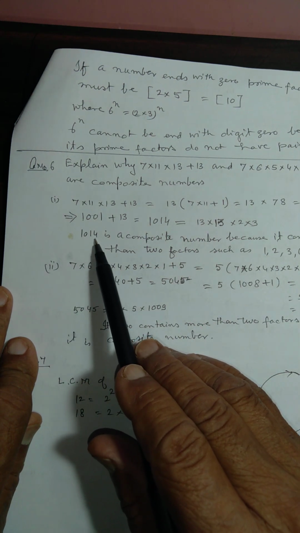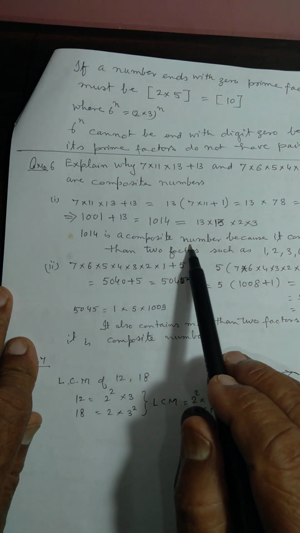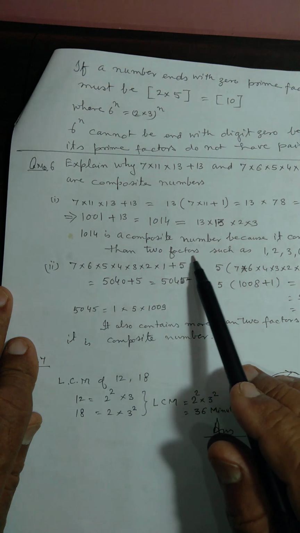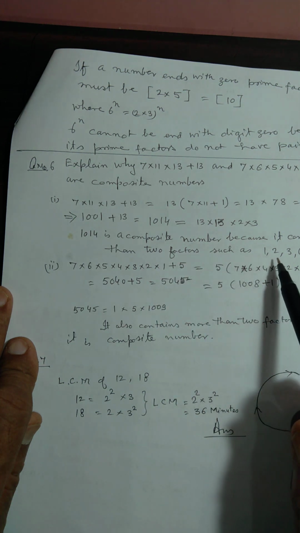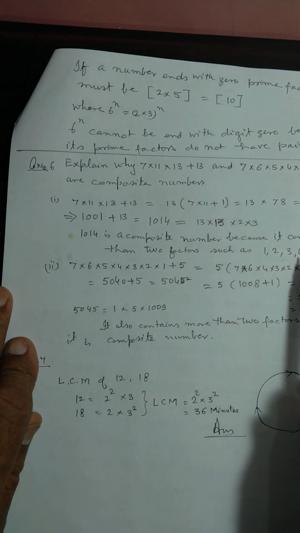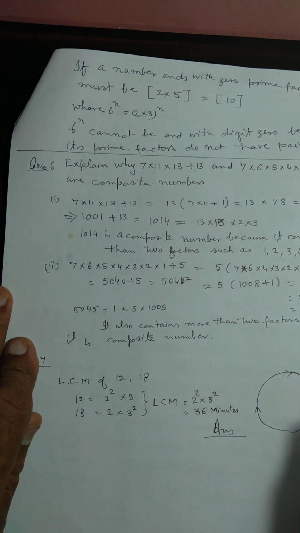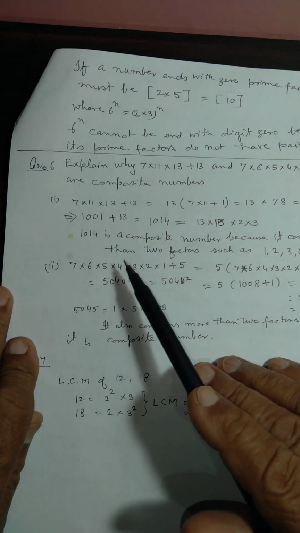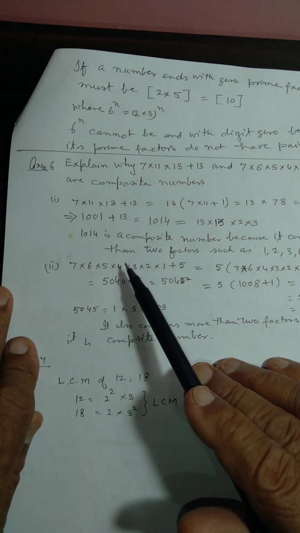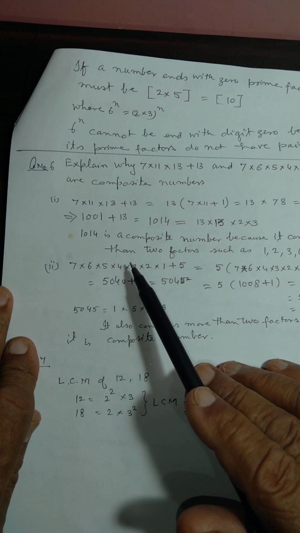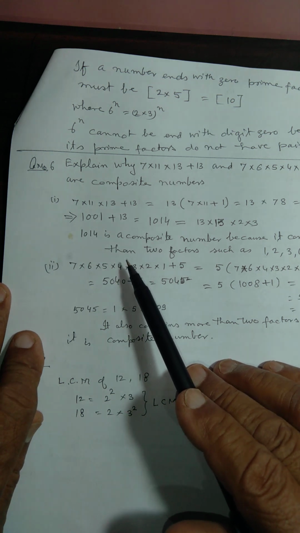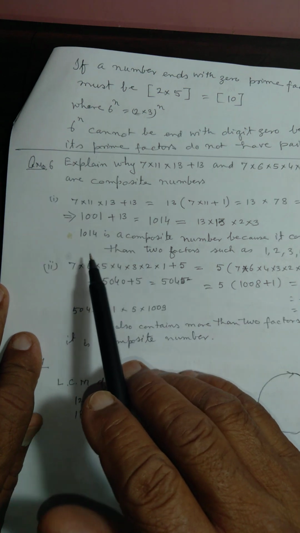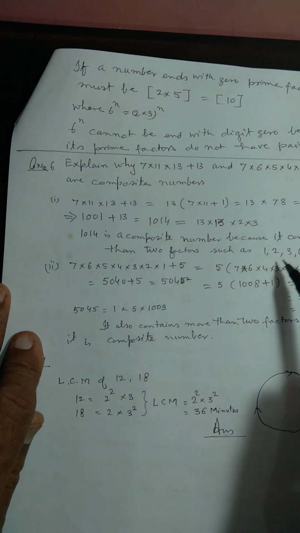So 1014 is a composite number because it contains more than 2 factors such as 1, 2, 3, 6, 13, 26, 39, and the number itself is also a factor. So it has more than 2 factors. That is essential for being a composite number. At least there should be 3 factors, but it has more than 3 factors.